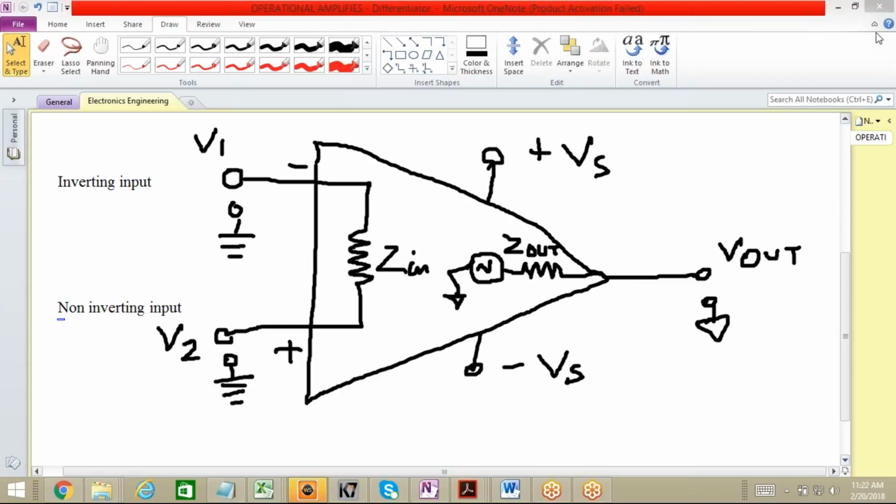This amplifier differential input consists of the non-inverting input with the voltage V plus, that is V2 as present over here, and the inverting input with voltage V1, right? And this whole voltage setup over here is actually called your V differential, the differential voltage.